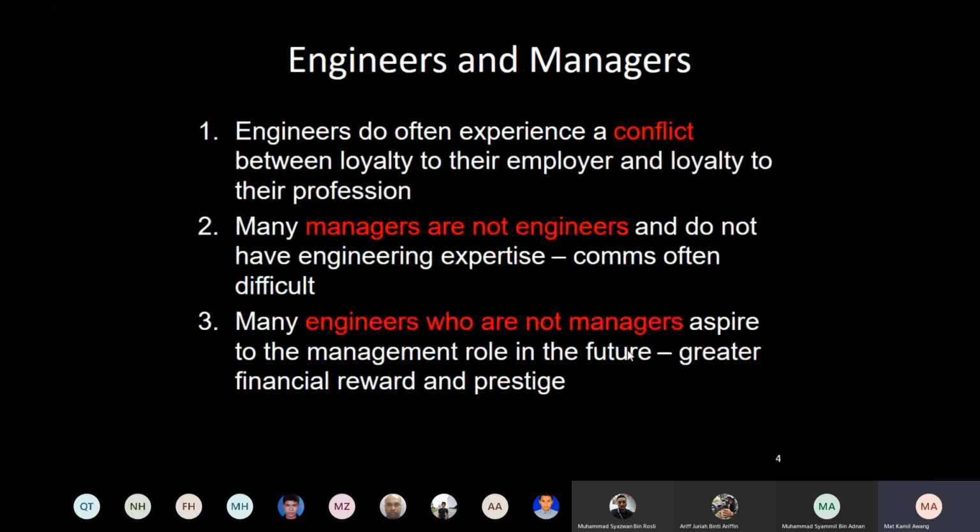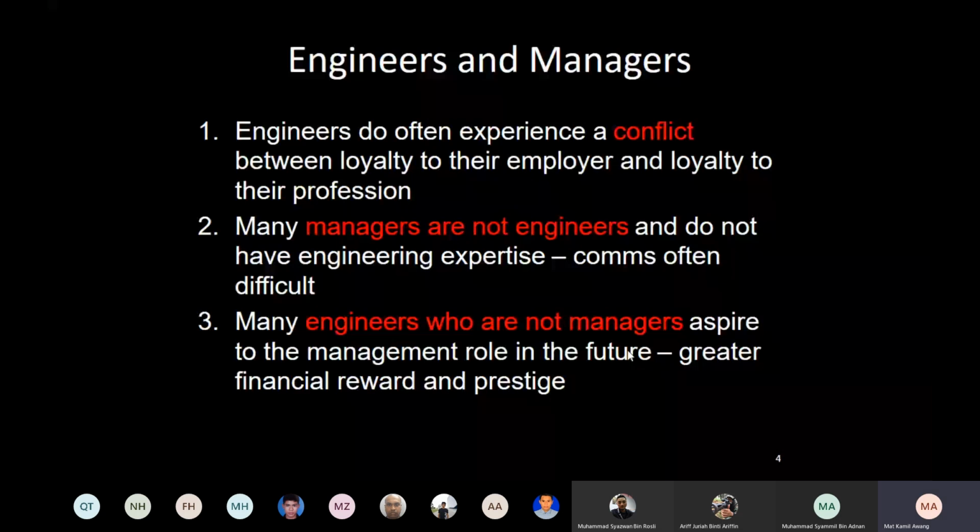So, engineers and managers. Engineers often experience a conflict between loyalty to their employer and loyalty to their profession. They always have this conflict because managers sometimes ask an engineer to do certain things, for example, to cut costs.